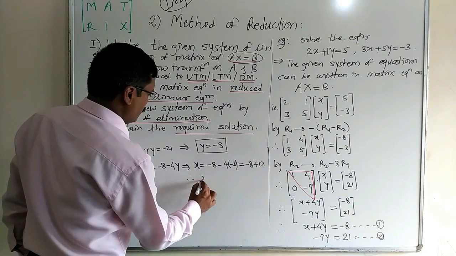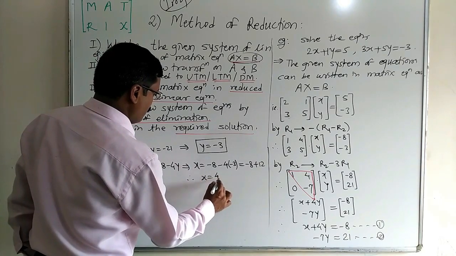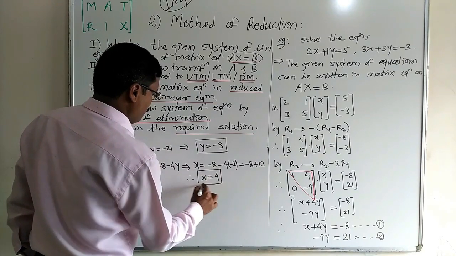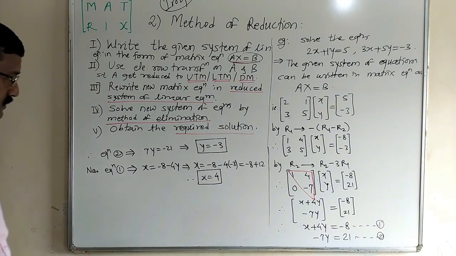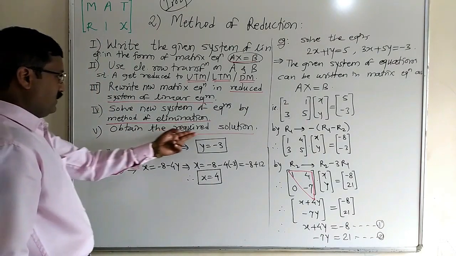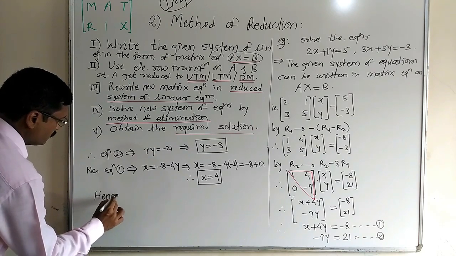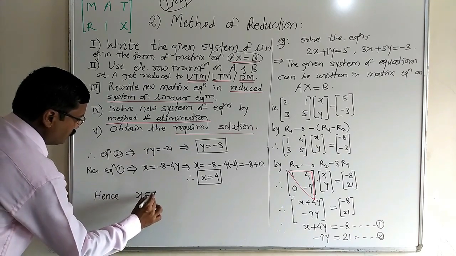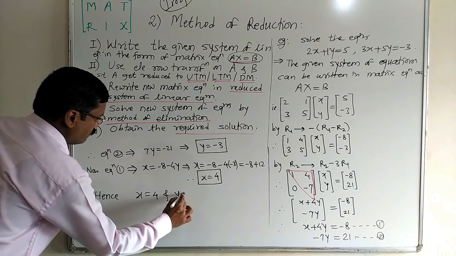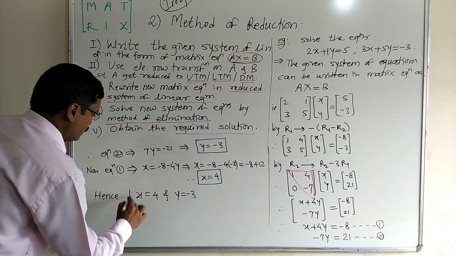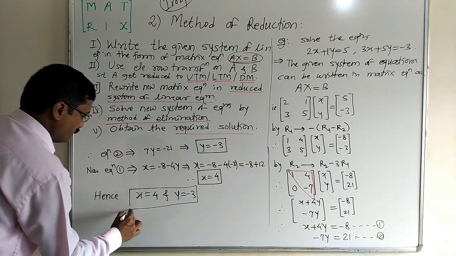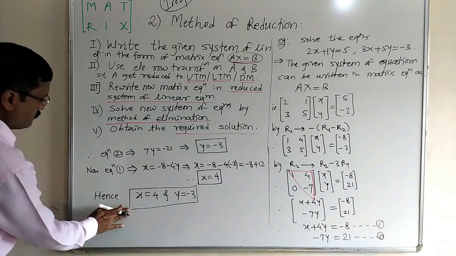Therefore, x equal to 4. So we get value of x equal to 4. In the last step, obtain the required solutions. Hence, we get x equal to 4 and y equal to minus 3 as the solution of the given system of equations.